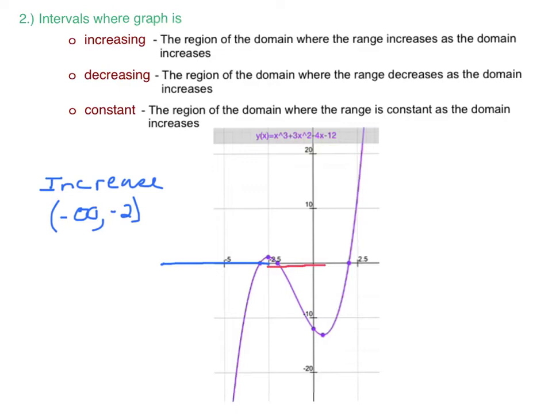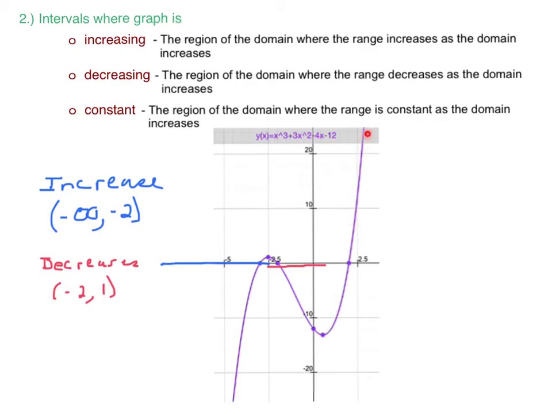So I'm going to say it decreases from negative 2 up until it hits about positive 1. Now, notice at that point the graph increases again.